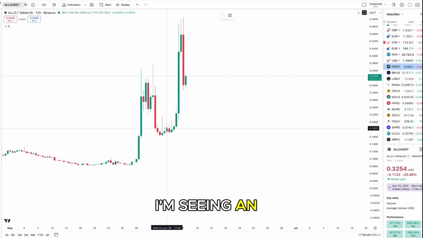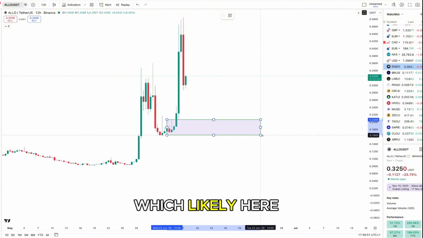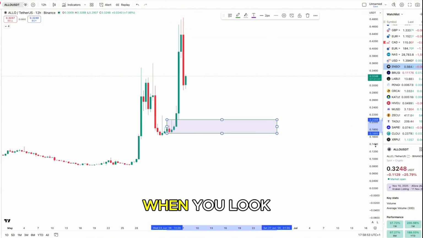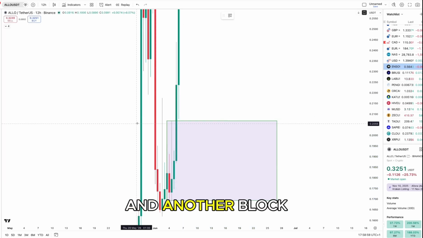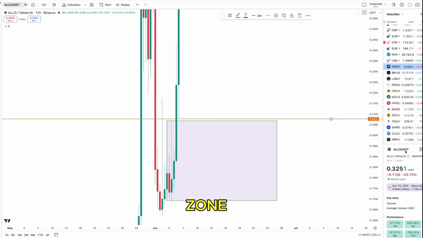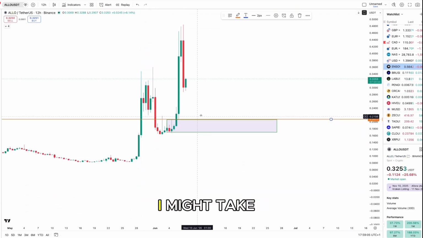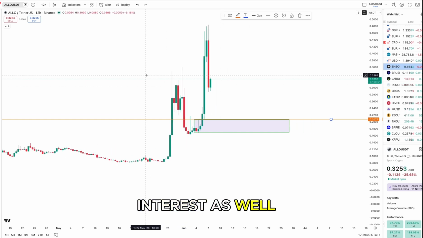I'm seeing another block on 12 hours, and when you look, you see that this price didn't fill in here. So there is a small gap at that zone and another block at that particular zone. So I might take these areas as my area of interest as well.